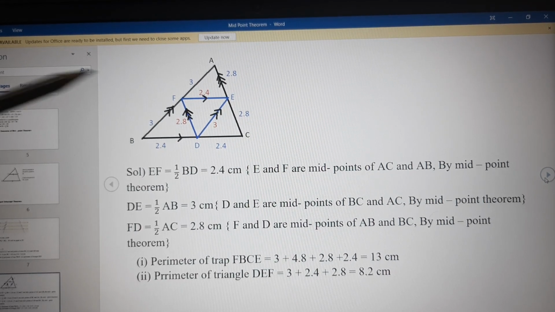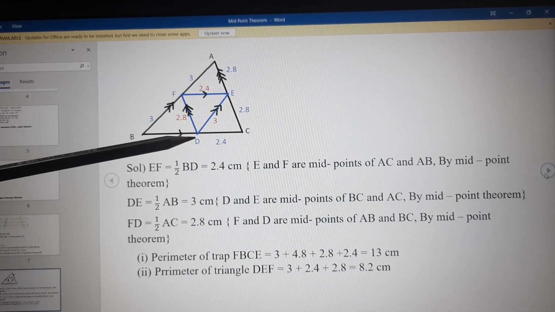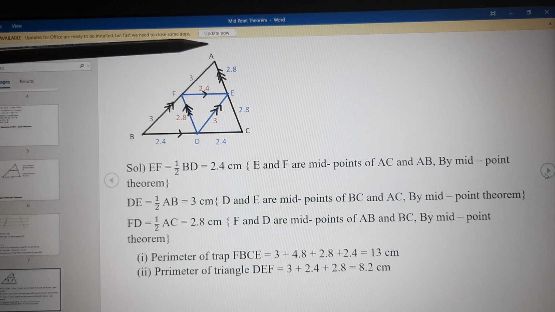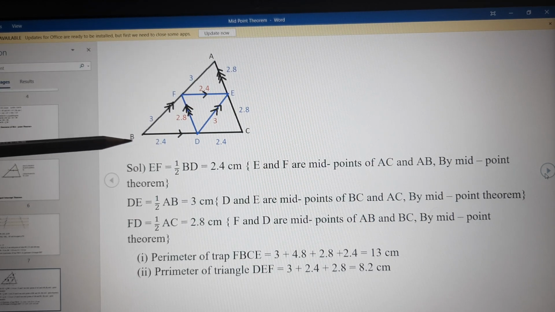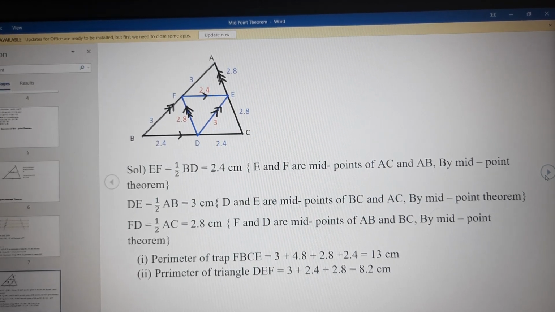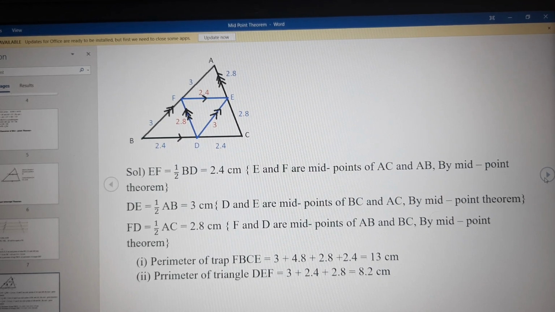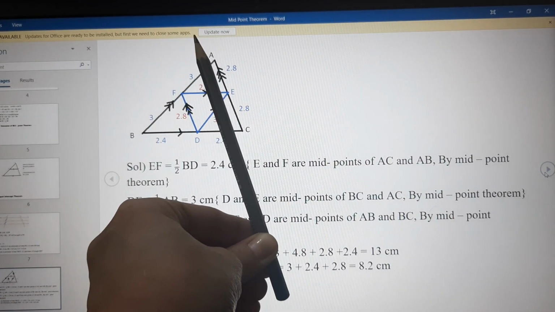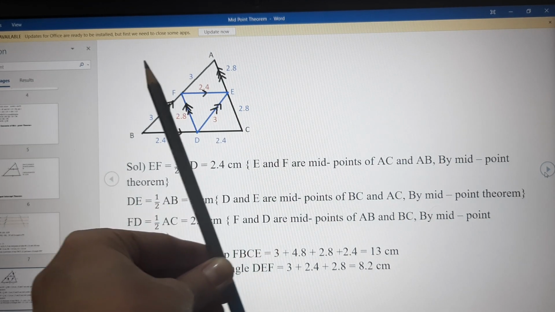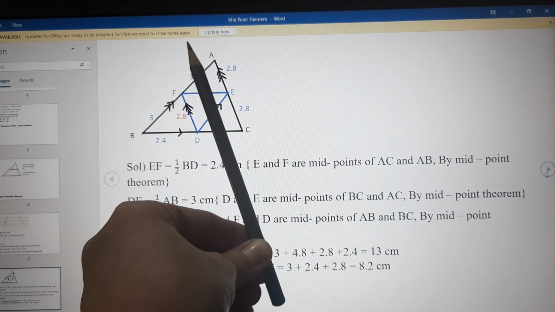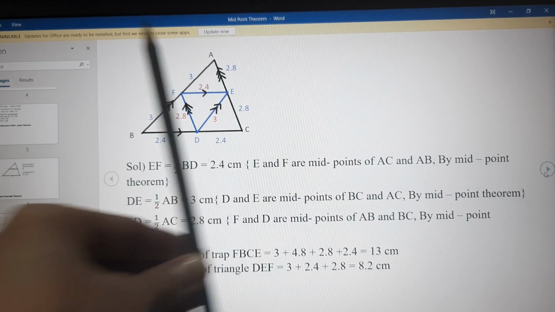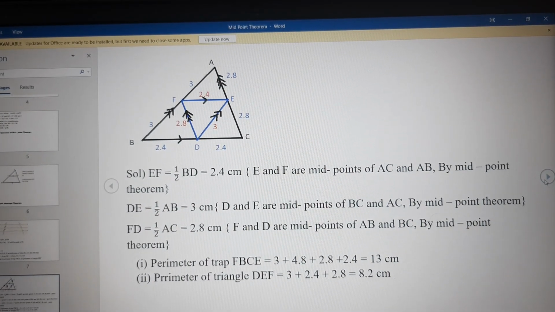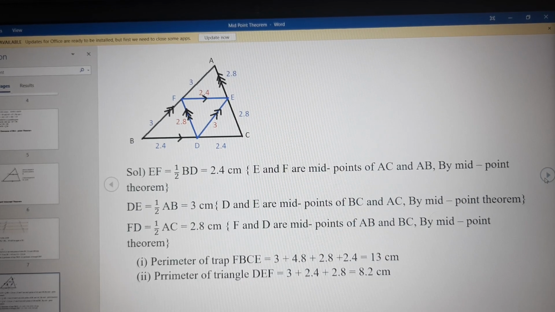Likewise, if we take midpoints F and D, because F and D are the midpoints of line segments AB and BC respectively, then by the midpoint theorem, FD will be equal to half of AC, because opposite to FD, the base is AC. So FD is half of AC, that means 2.8.